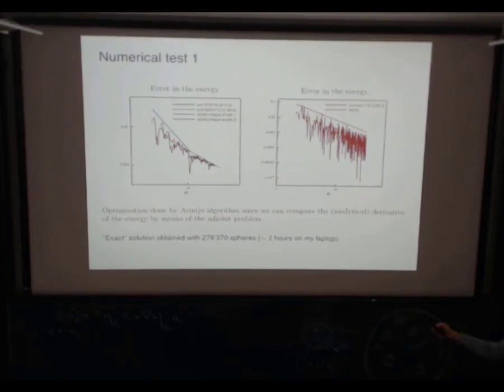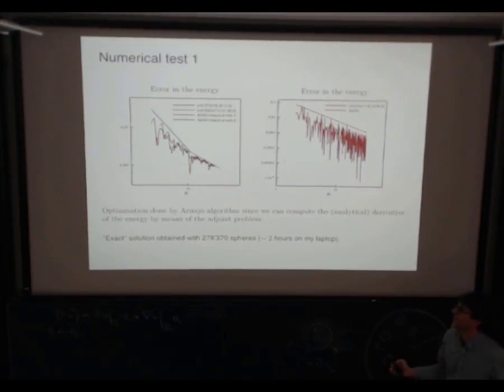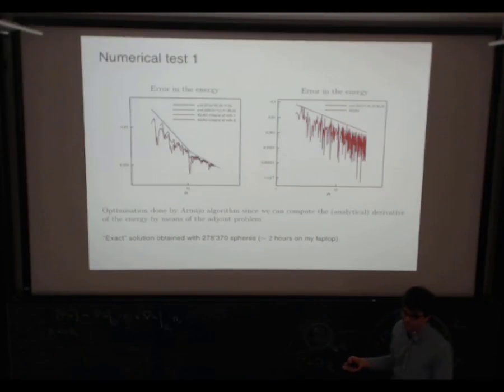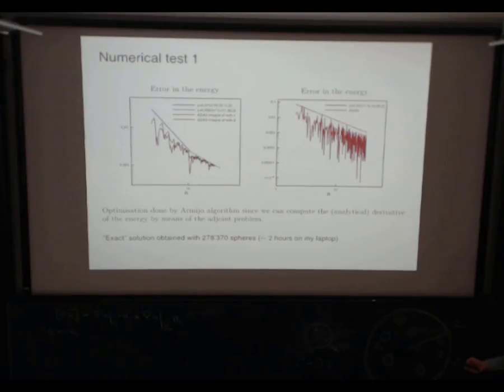But you see here, well, it's not a clean curve, I have to admit, but this is decaying faster. And here I have no explanation why this kink happens. Maybe there's numerical noise that comes into play, but this is purely speculative.